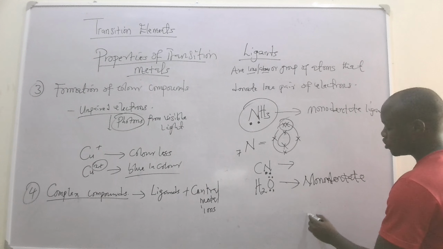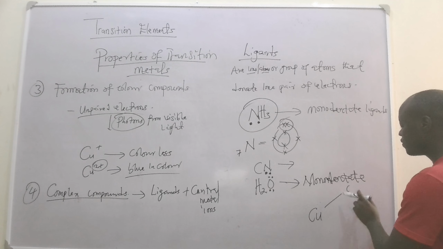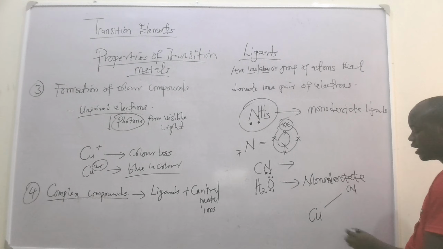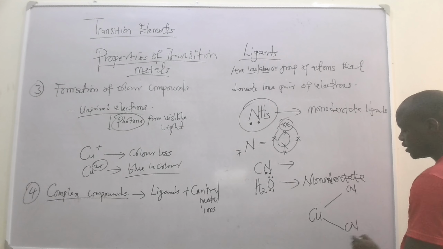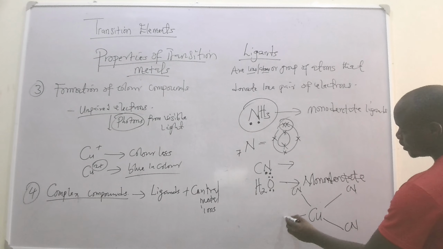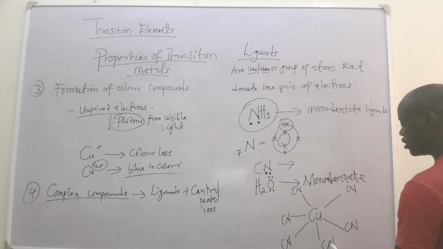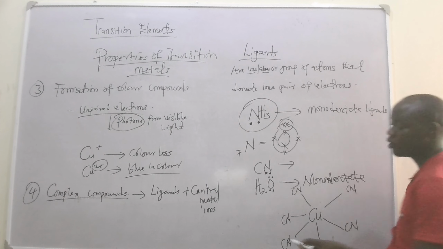So in the case of a complex ion, you can see copper bonded with different ligands like cyanide here, another cyanide, then another cyanide, and another cyanide. So you see 1, 2, 3, 4, 5, 6. This is a typical example of a complex ion.